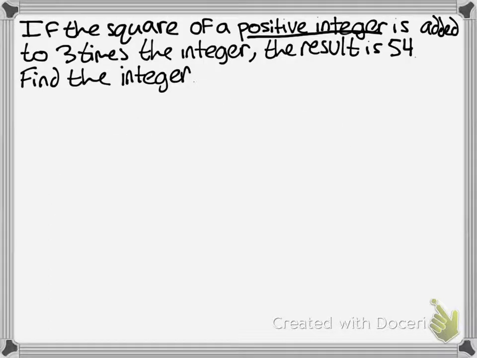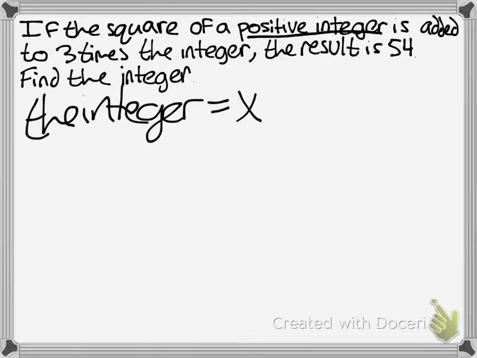If the square of a positive integer is added to 3 times the integer, the result is 54. Find the integer. So I know from looking at this sentence that I have one thing that I'm dealing with, one integer. So I'm just going to name it. I'm going to name it x.